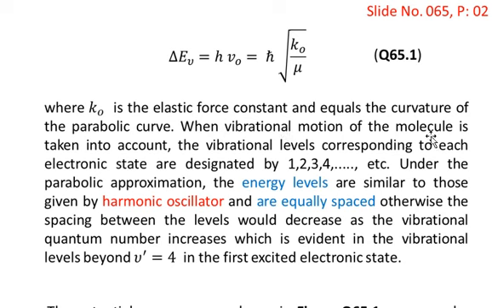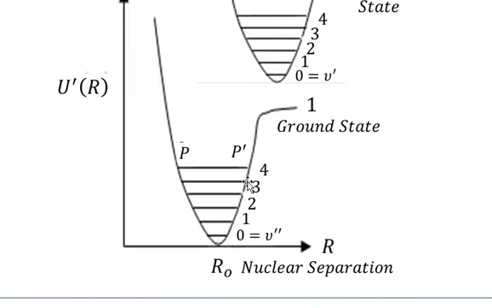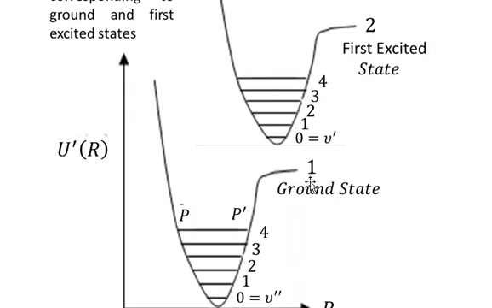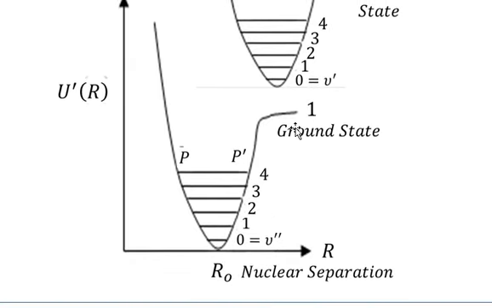When vibrational motion of the molecule is taken into account, the vibrational levels corresponding to each electronic state are designated by 0, 1, 2, 3, 4 and so on. So you see that in each electronic state, that is for the ground state of the molecule and for the first excited state, the vibrational levels have been labeled as 0, 1, 2, 3, 4 and so on in both cases.